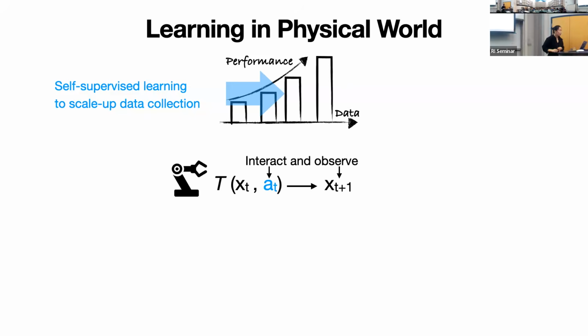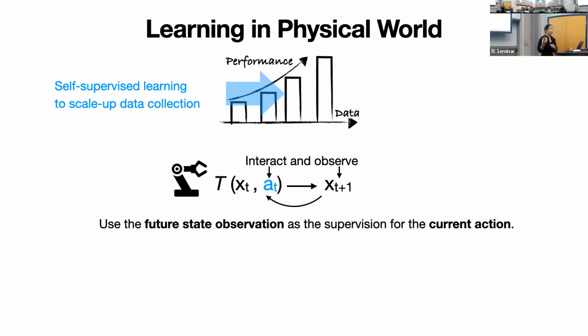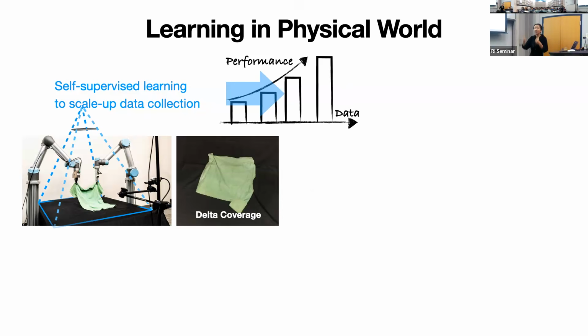So you can make use of the future observation from your sensor as a supervision signal for the current action. For example, in the FlingBot case, after every fling action, we use the top-down camera to look at the cloth coverage and compute the delta coverage as a reward signal for every fling action.